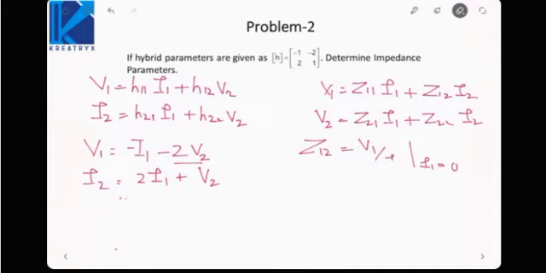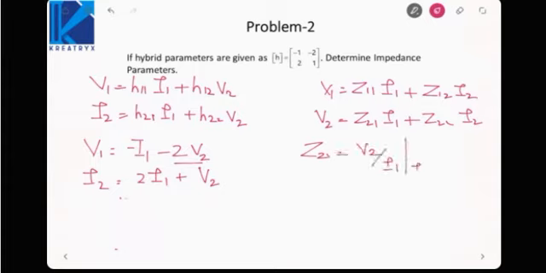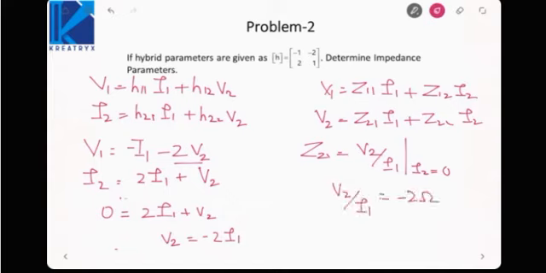Next let us calculate Z21. It is V2 by I1 given that I2 equal to 0. If we keep I2 equal to 0, we will get 2I1 plus V2 equal to 0 or V2 equal to minus 2I1. Then what is the value of V2 by I1? It will be minus 2 ohm.